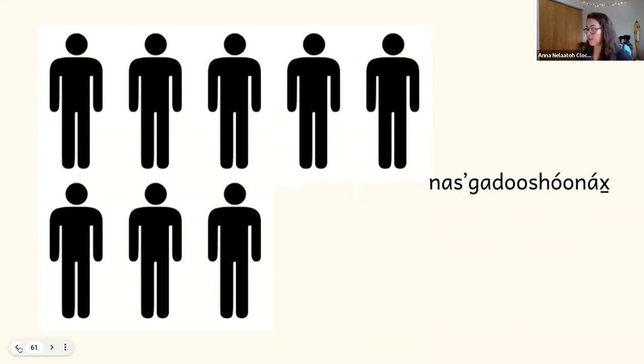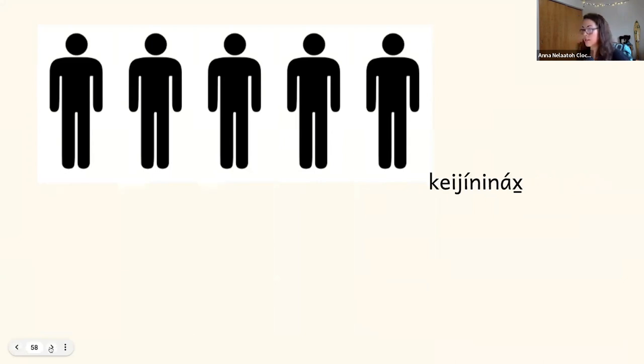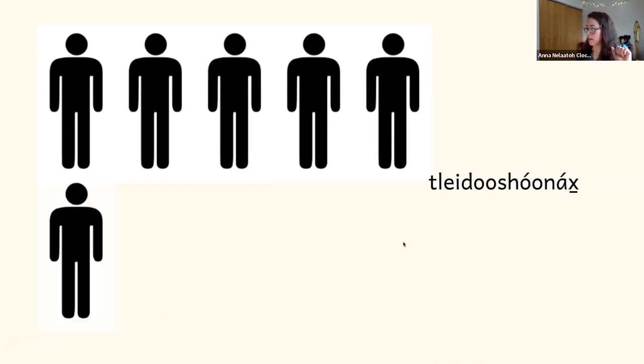One thing I'm not sure if you notice, but something that helps me as a learner is you go up to 5, Kejininach. And remember 5 is like a hand up, so it's all your fingers on one hand. And then from there, Tle Dushunach is for 6 people, but you'll start to see a pattern after 5.